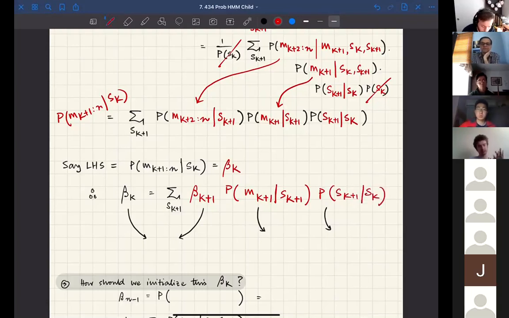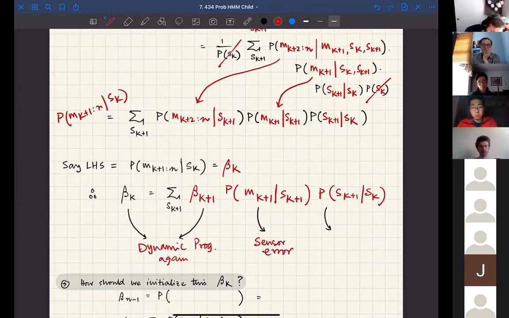I have another dynamic program. So I've brought down both of them into a dynamic program, all those exponential possibilities I would have had. Beta k plus 1 is a dynamic program. Again, this is nothing but the sensor error distribution.